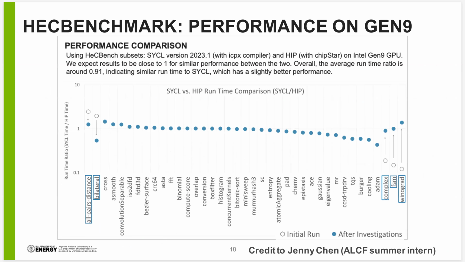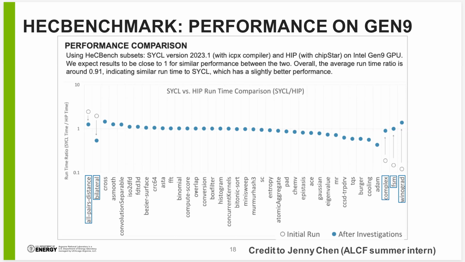We've had Jenny Chen, an intern at ALCF. She interned twice, so you will see more of her work later in the presentation. She worked on our Gen 9 GPUs, which are open to anybody who wants to try, whereas PVC was under NDA for a very long time.